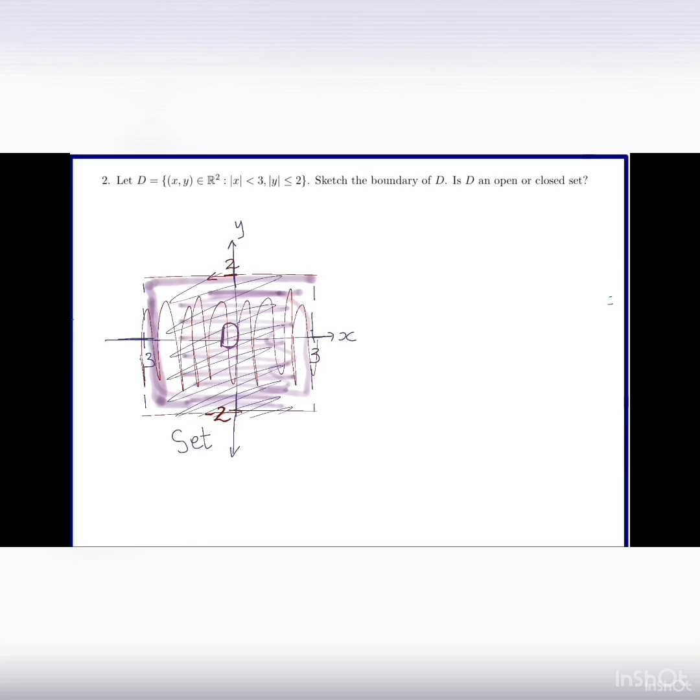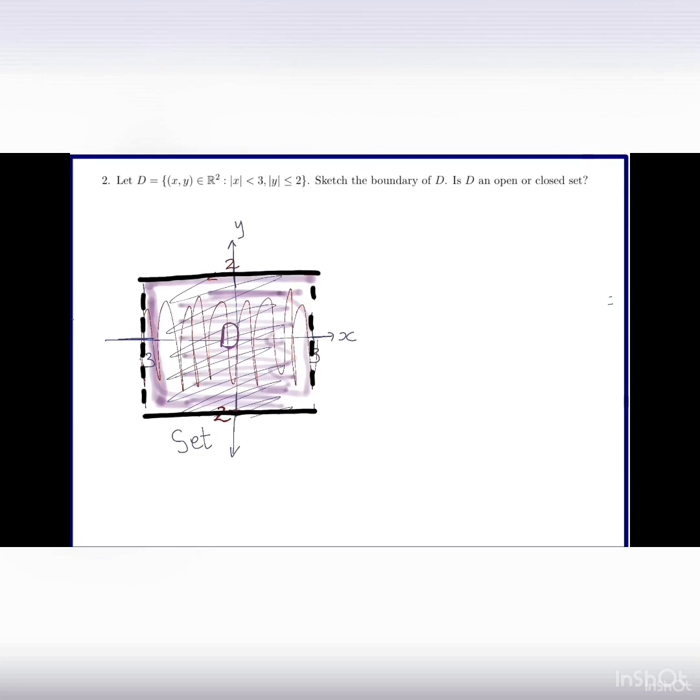Now if we look at D, this is what I've sketched before. It contains its boundary along here. I'll make it thicker so it's clearer to see. It contains its boundary around here. And it contains the boundary over there. But it does not contain its boundary over here. Meaning that D cannot be open.